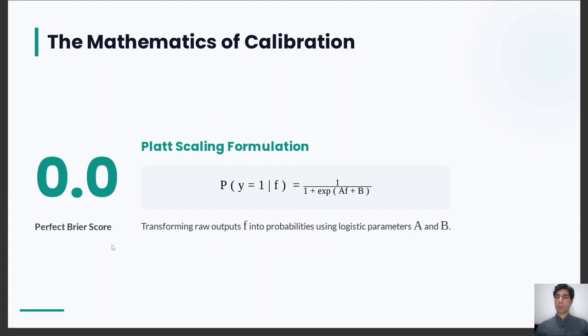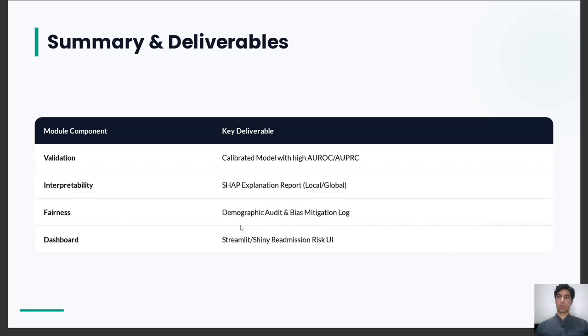The perfect Brier score is 0.0, and its value ranges between 0 and 1, and this is the formula. We use two parameters, a and b, and the scores are between 0 and 1, so they are basically probabilities for our outputs.